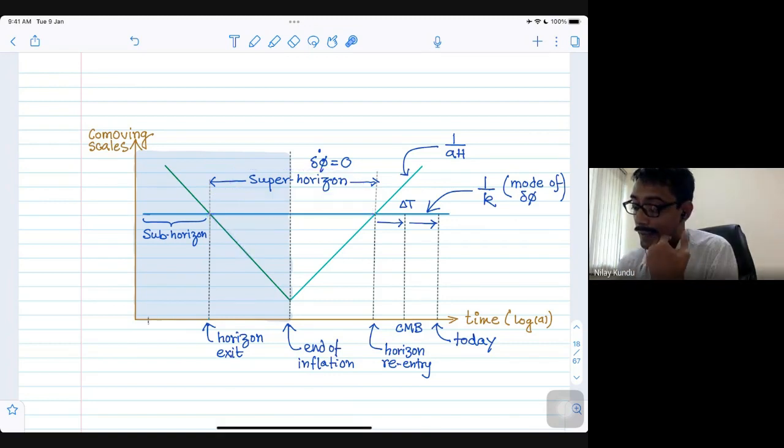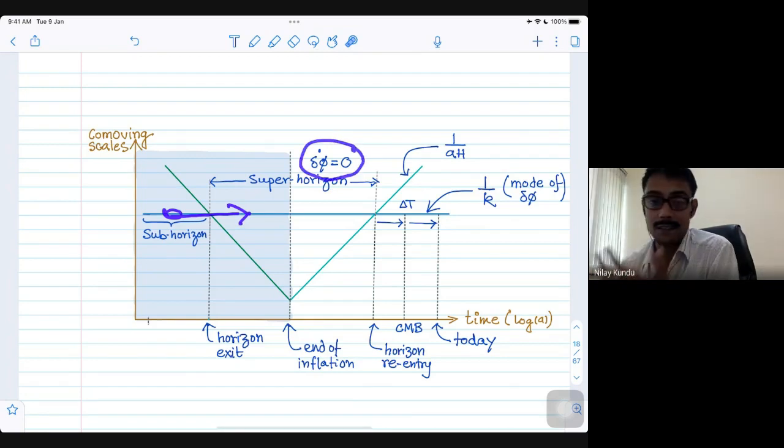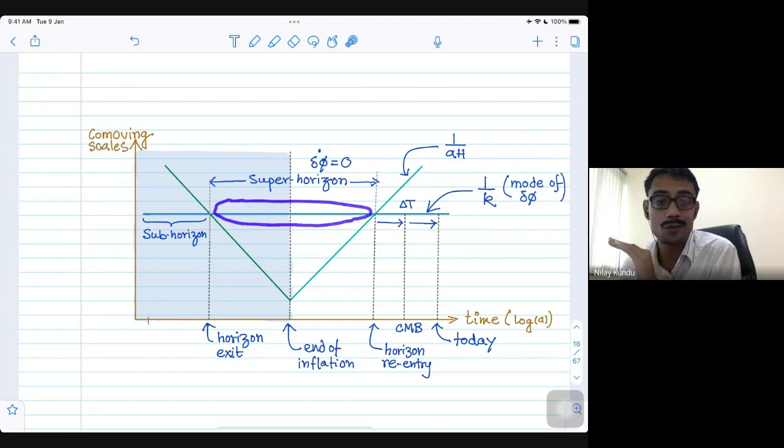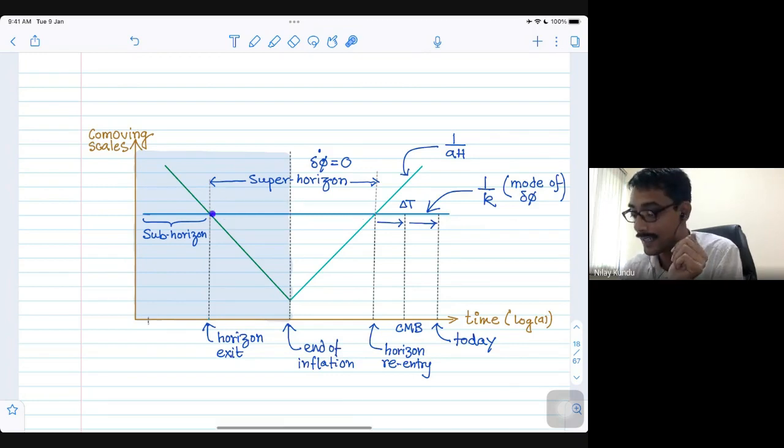That means when these modes cross the horizon, or exit the horizon, they freeze. If they freeze, then in this part there is no physics at all. They just stay constant.